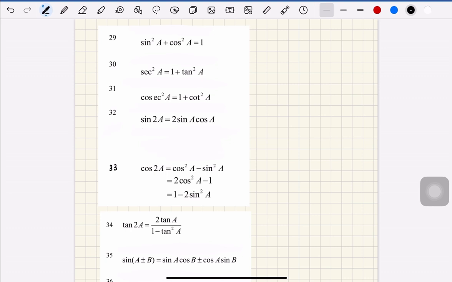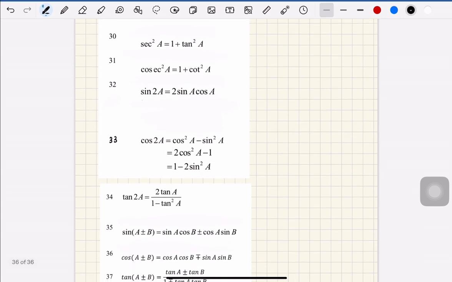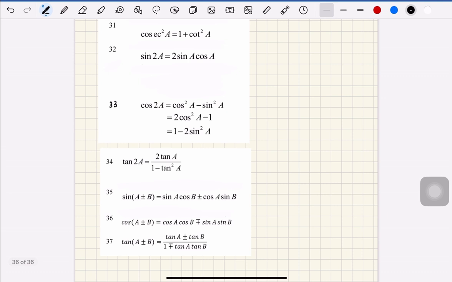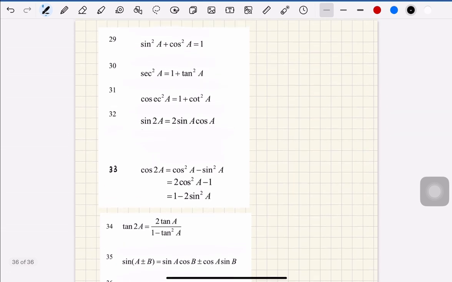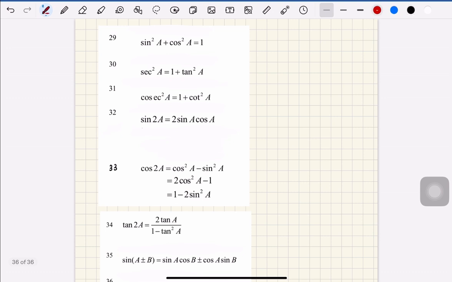These are the list of formulae that will be provided in your SPM, in the list of formulae from number 29 until 37. The first three are the basic identities.